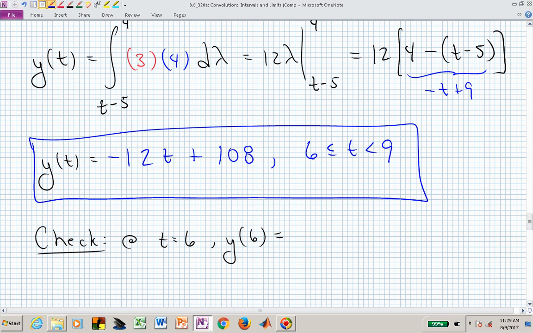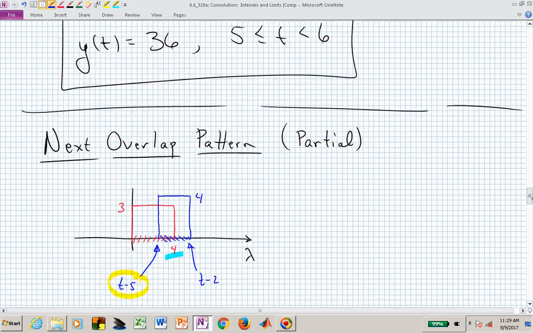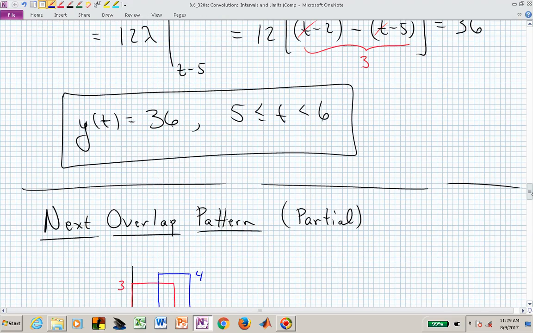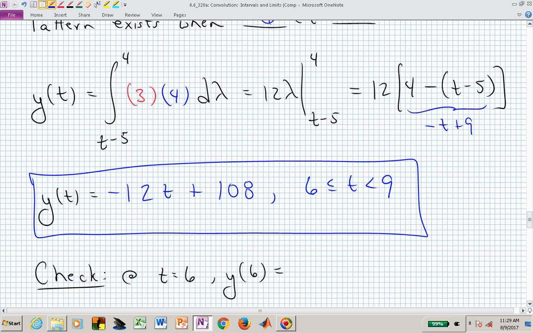And you could check this at the extremes or at the different limits. If you looked at evaluating this expression, y at 6, it better equal what you had in the last overlap pattern, which was a 36 value. So if we now look at y of 6, we would plug in minus 12 times 6 plus 108, or in fact, we knew that 108 was 9 times 12.